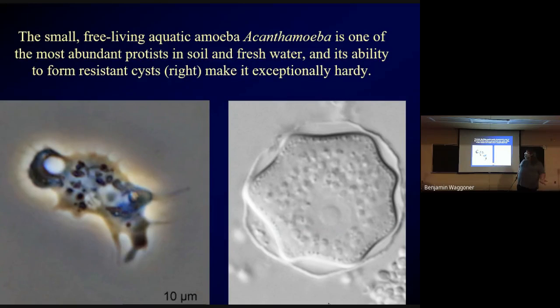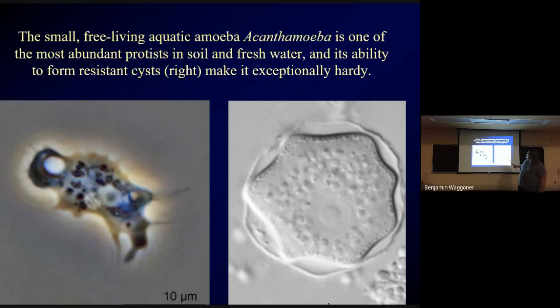Acanthamoeba means spiny amoeba because it has much narrower thorn-shaped pseudopods rather than the big blobby ones of the one you just saw. And it's very hardy because when conditions are bad, it can secrete a wall around itself and form a cyst.